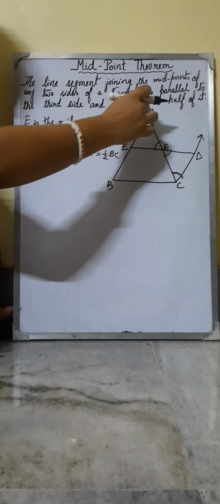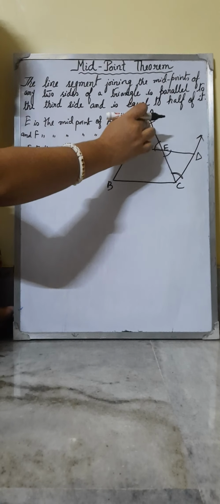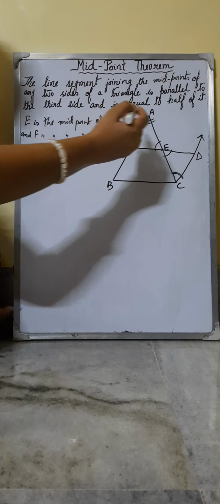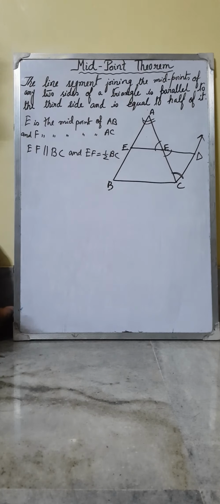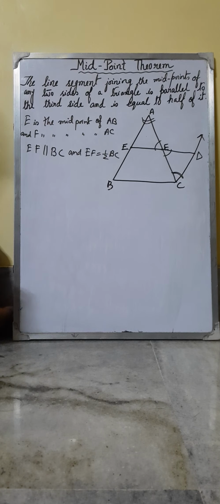Because BA is parallel to CD and AC is the transversal. So these are alternate equal angles. And the third one is AF equals to CF because F is the midpoint of AC. So we can easily say that these two triangles are congruent. Now first we have to write this proof.